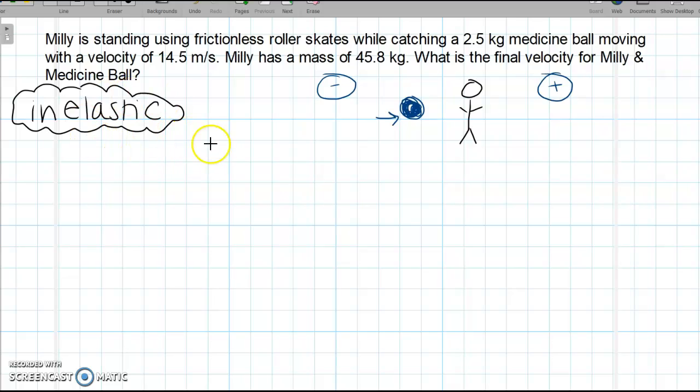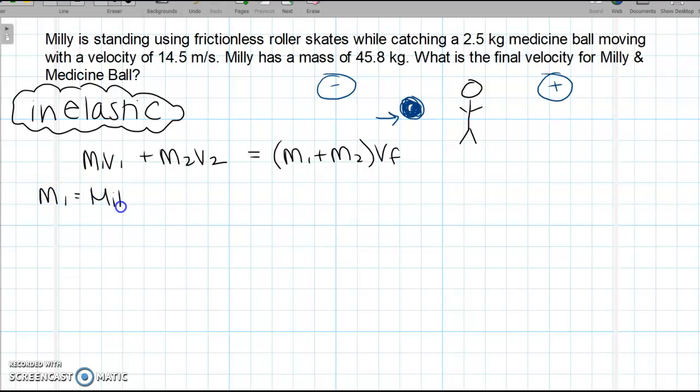Our inelastic collision equation looks something like this: M1 V1 plus M2 V2, or the momentum of your first object plus the momentum of your second object, is equal to your masses combined times your final velocity for both. So let's designate M1 as Millie, and Millie is equal to 45.8 kilograms.